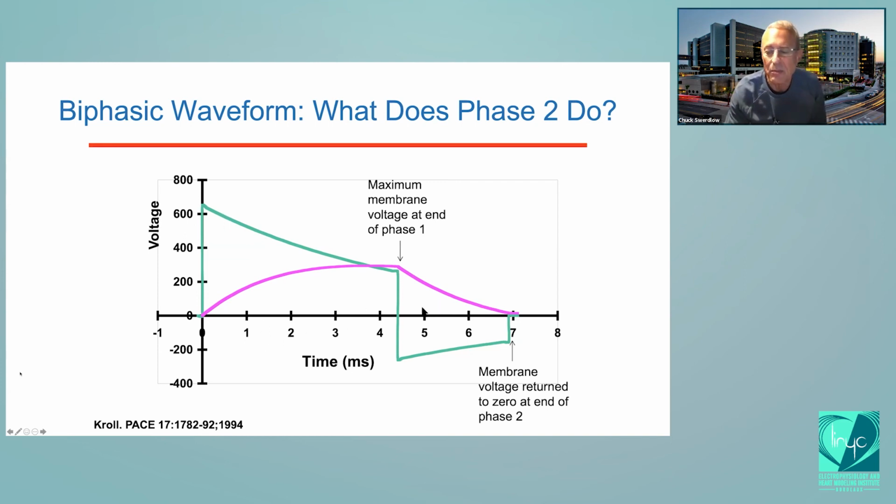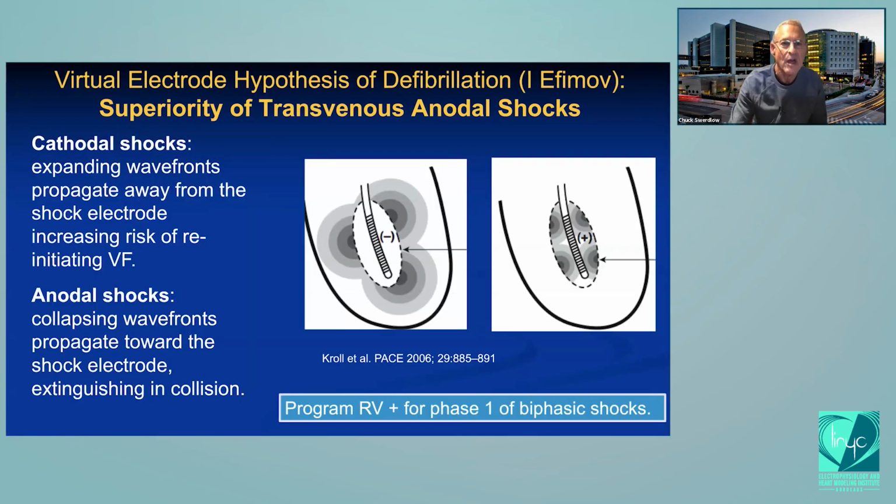And the details are unimportant, but the idea is we want to get rid of this extra voltage because that's what contributes to refibrillation after a defibrillation shock. And as Dr. Efimov told you, most failed defibrillation isn't really stopping all the waveforms, it's reinitiating fibrillation.